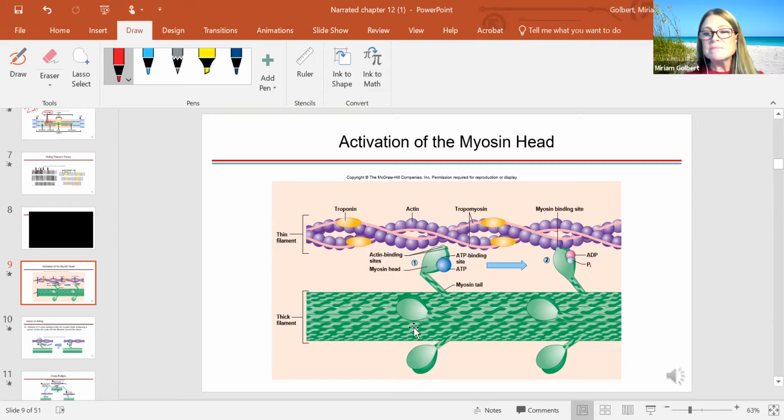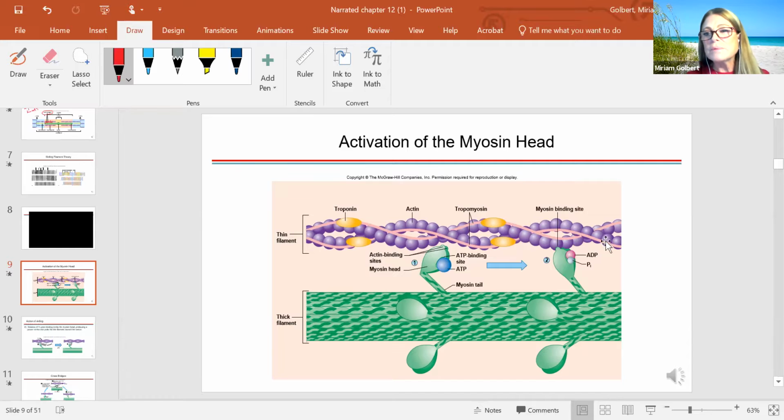But you can tell that these myosin heads are going all the way around, right? This myosin is a very thick cylindrical protein. Imagine all this is in the sarcoplasm of this muscle fiber or muscle cell, right? And we have tons of these.